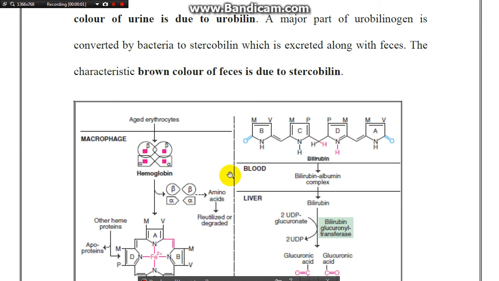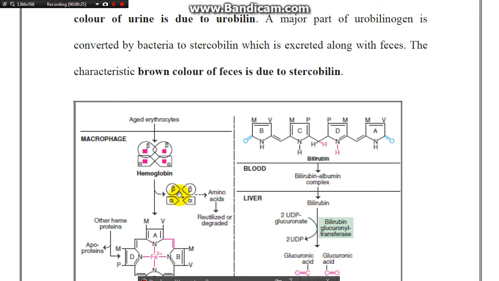This diagram will explain the degradation of the RBC, the aged erythrocyte. After 120 days, the RBC is degraded in the spleen to give hemoglobin, which is converted to globin protein and non-protein parts.